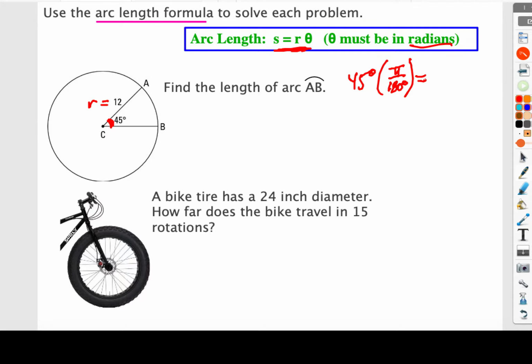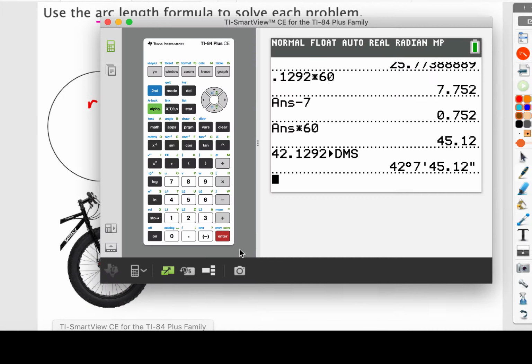into radians. And you might remember that 45 over 180 is really 1/4, or basically 45 degrees is pi over 4. So then all we need to do to find the arc length S is take the radius, 12, times the radians, pi over 4. So let's go ahead and hop on our calculator real quick, and we'll do that.